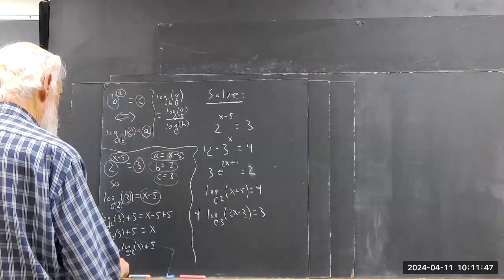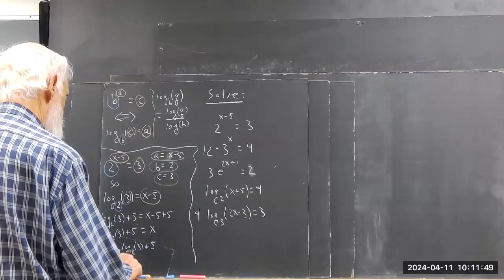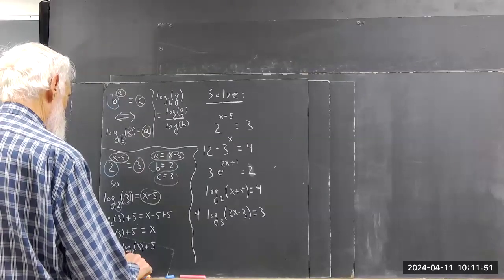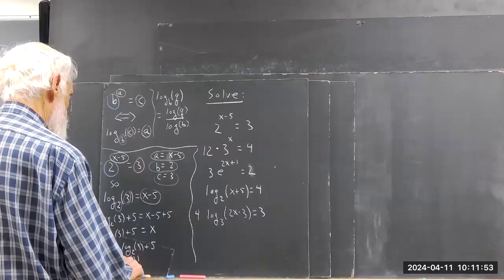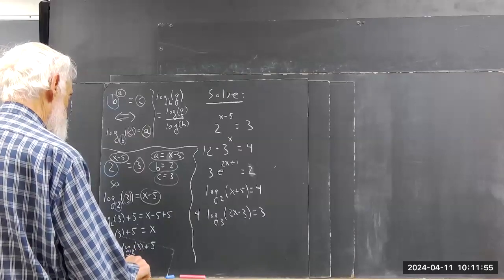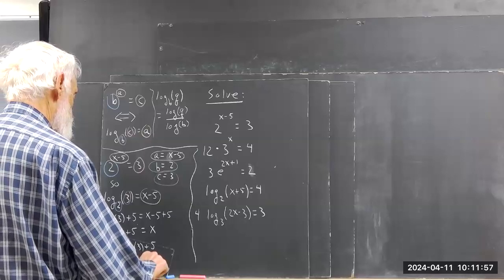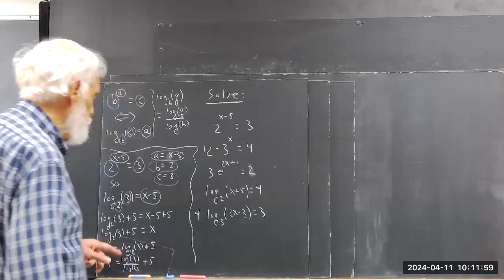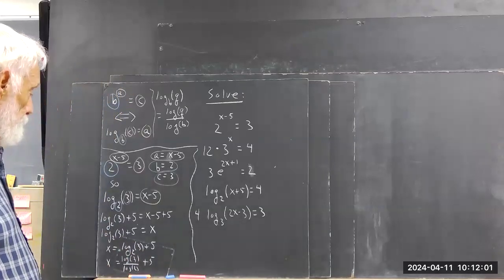So finally, x equals log of 3 divided by log of 2 plus 5. You can punch that into the calculator.